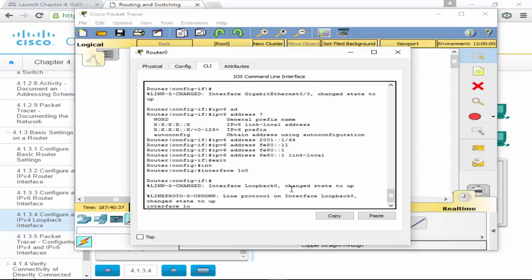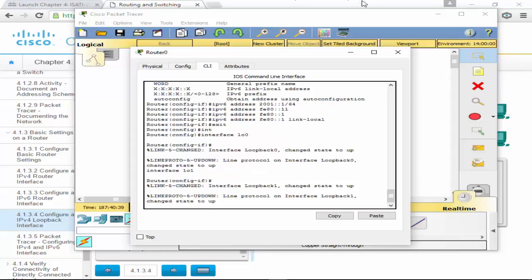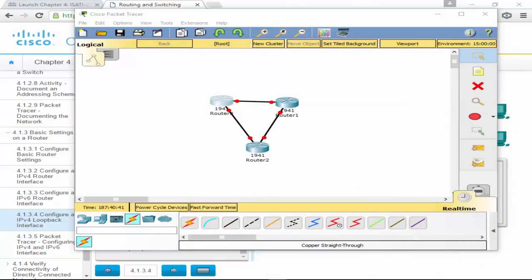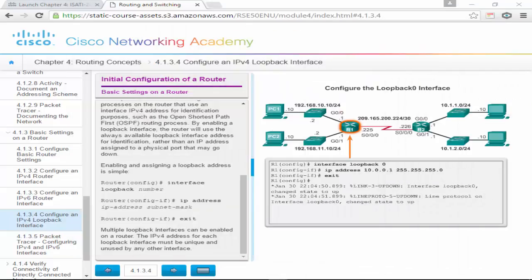We could do interface LO1. If you guys are doing Packet Tracer and you want to put a whole bunch of networks in, test your knowledge as you build these routing protocols, you could build several networks in one router just by using the loopback.